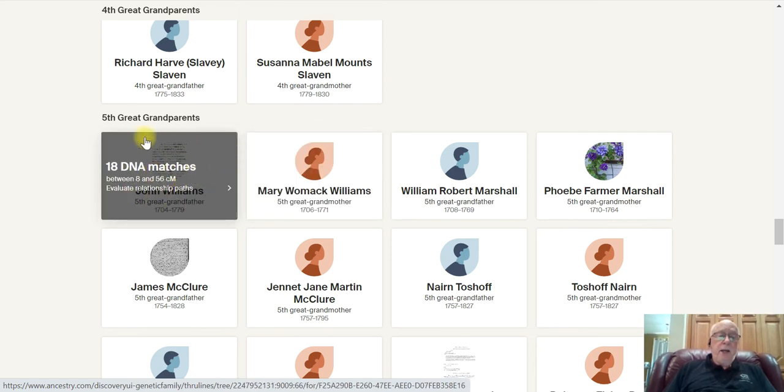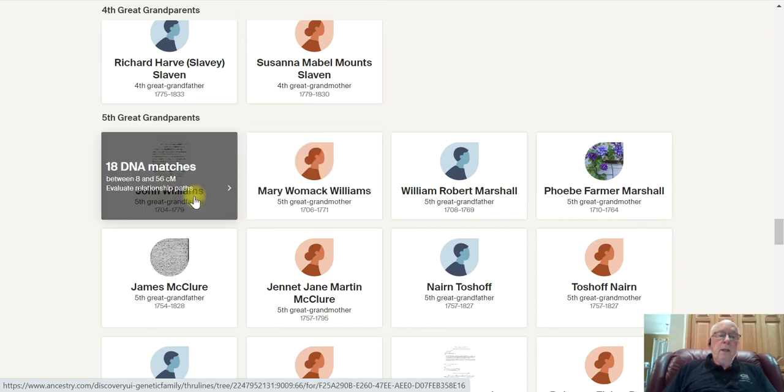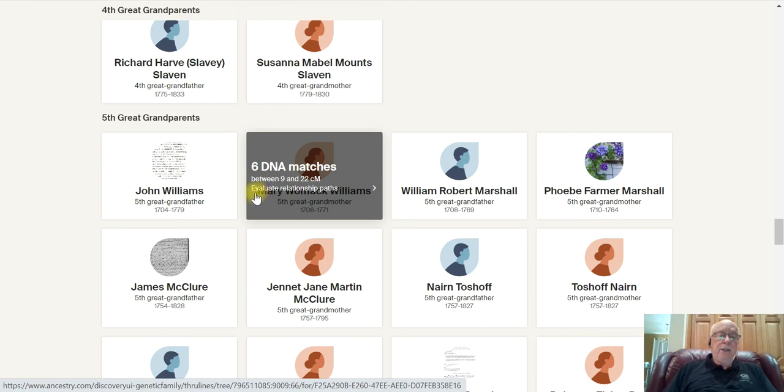So this chair, my fifth great grandparents in the Williams family, these two people, I have this many DNA matches that says the person who sits in this chair is, in this case, your grandmother.